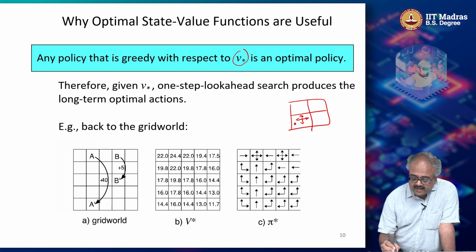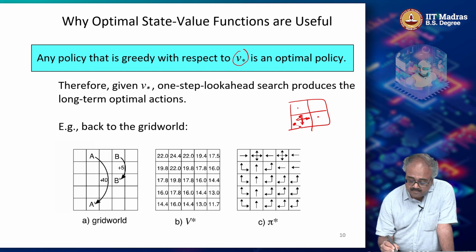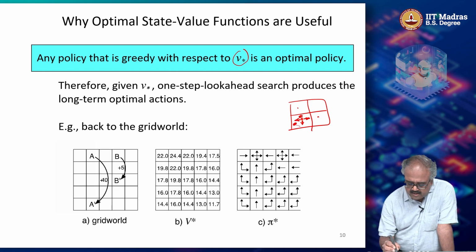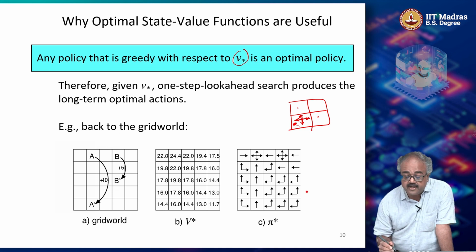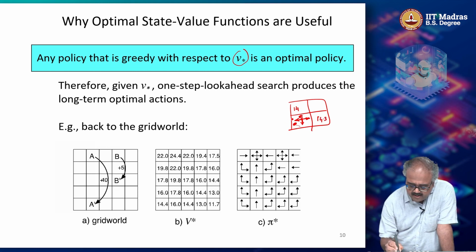Now each one of these actions is going to take me to a potential next state. If I go here, I land up here. If I go here, I land up here. If I go here, I land up in the same state, and if I go here, I land up in the same state. So there are four possible actions and 3 possible outcomes. Now let us say the value for this state is 14, this is 14.3, and this guy is 13.8.